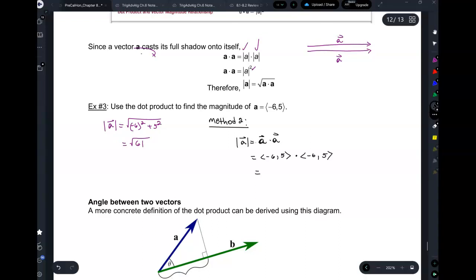Oh, sorry, it's the square root of all of these, isn't it? So it would be the square root of 36 plus 25, root 61.